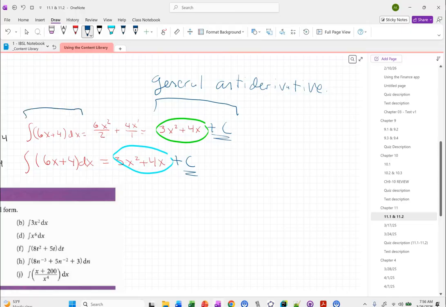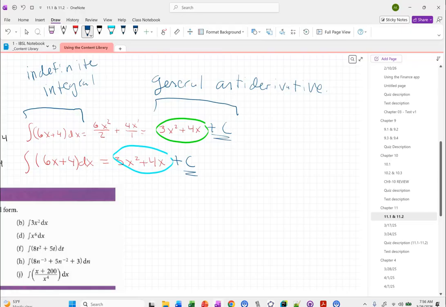And the process of finding that general antiderivative, we say that this is then an indefinite integral. So just kind of throwing some vocabulary at you.